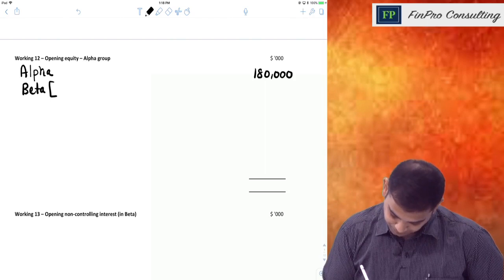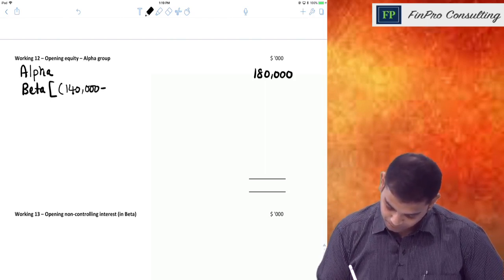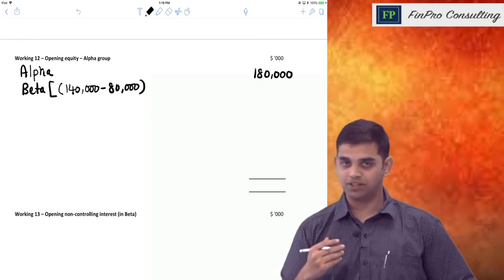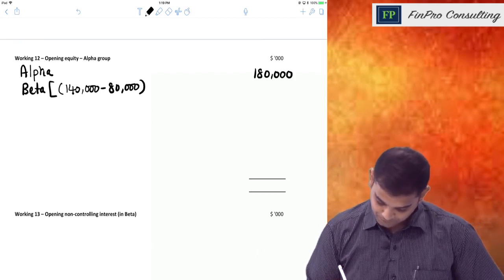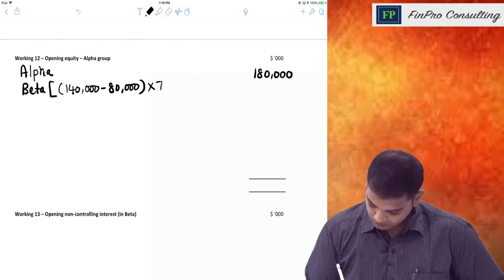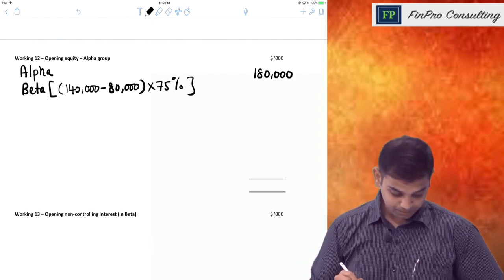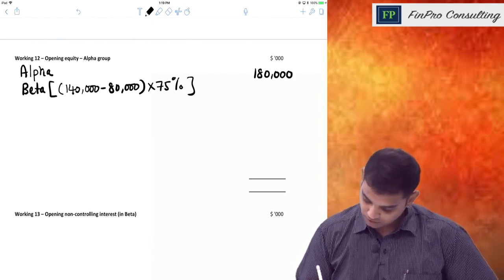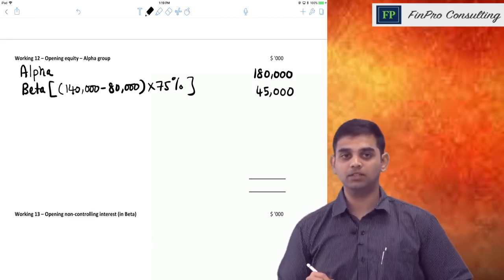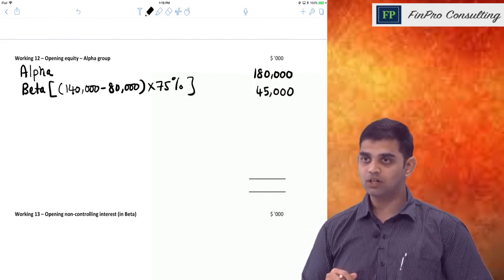So it is 1,40,000 minus 80,000, which is the fair value as on the date of acquisition, into 75%. What is the amount relating to beta? 45,000. Any other amounts to be included in the opening balance? No? Shall we take total?